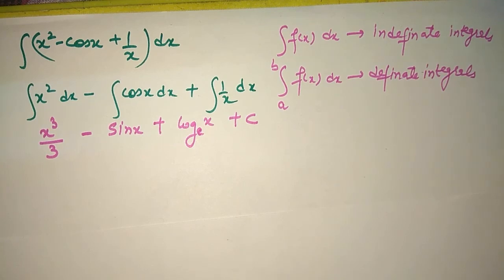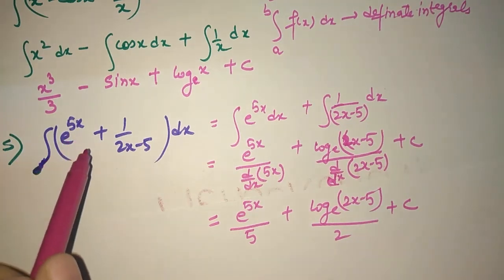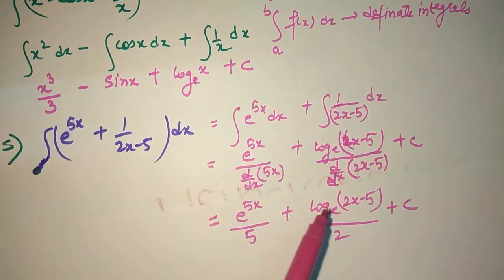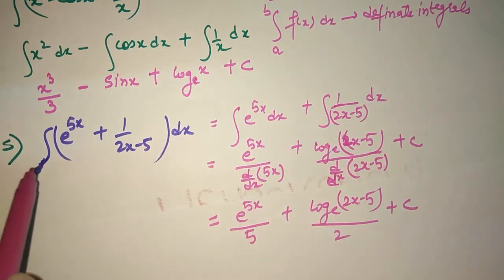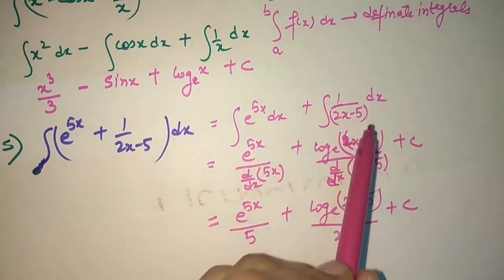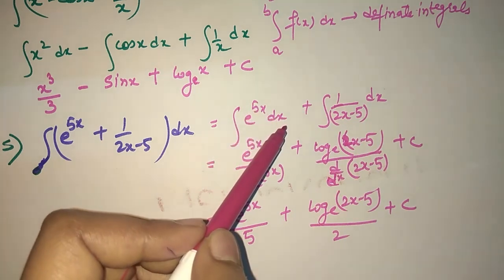So next example is the integral of (e^(5x) + 1/(2x - 5)) dx. Again we give the integration sign to each term. Then we integrate e^(5x) with respect to x.